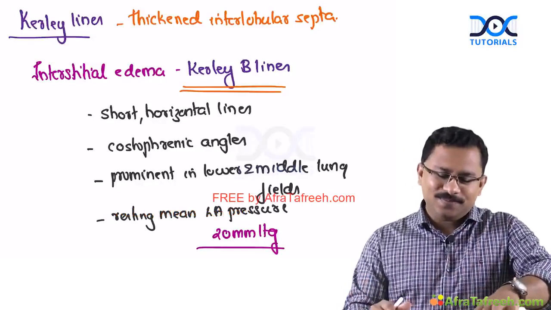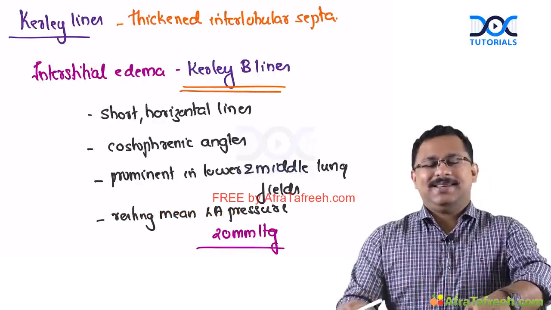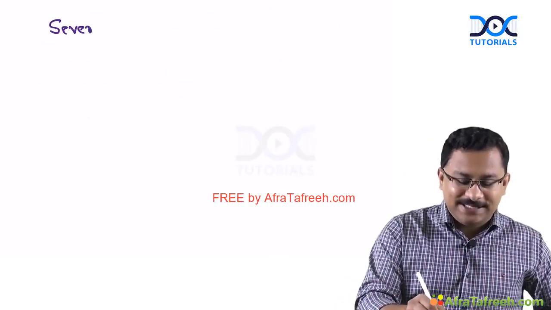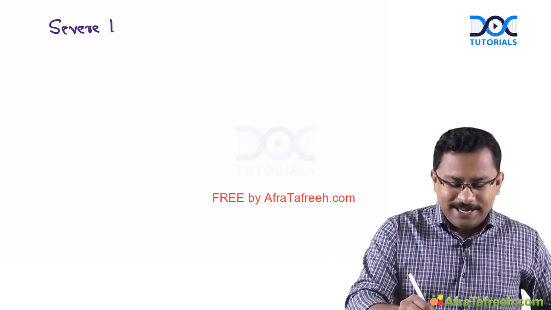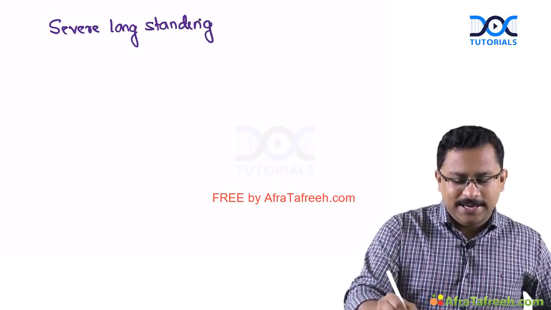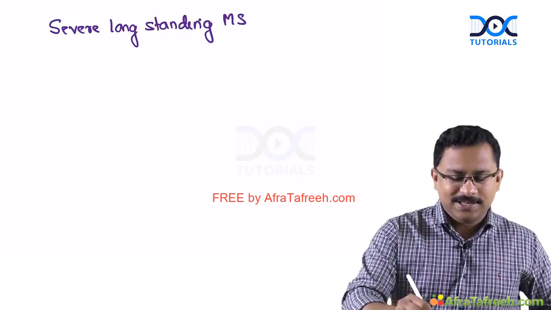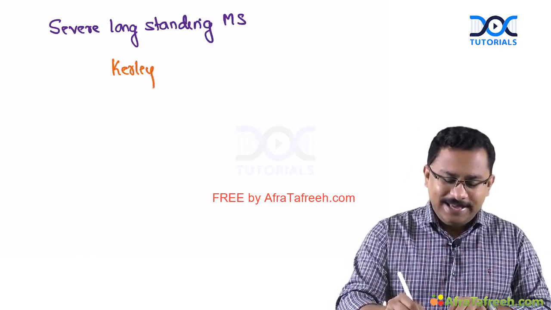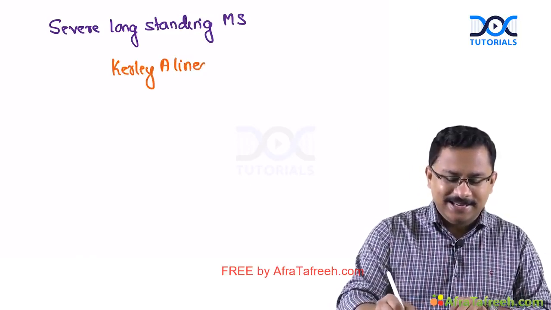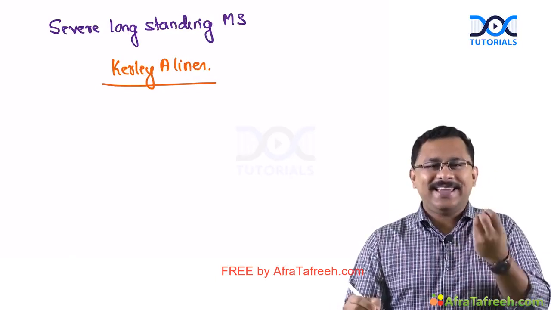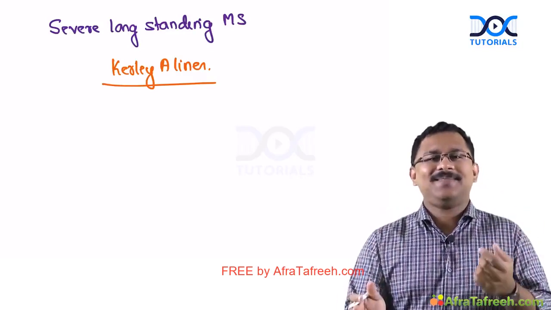Now again, when the disease progresses, when the patient goes on to have a severe and long-standing mitral stenosis, then there can be curly A lines. Curly A lines are straight dense lines, approximately up to 4 centimeter in length.